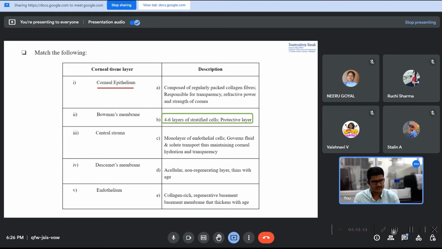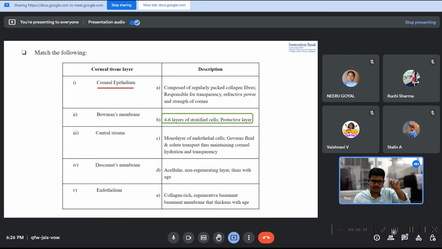See, this here is a protective layer. There are various layers of cells. That is everything in the epithelium part. Right? So the corneal epithelium has a varied cellular structure.